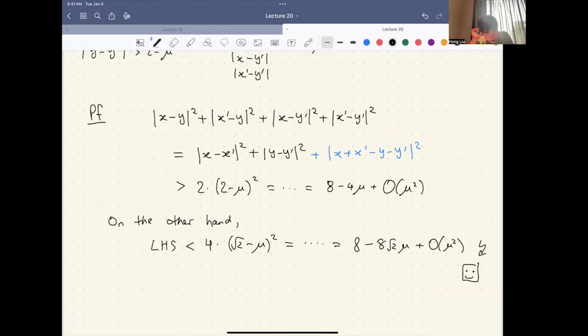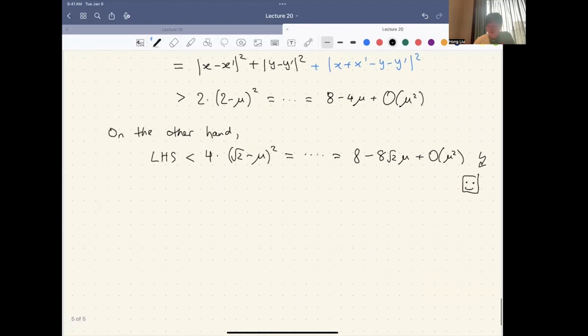Okay. Let me briefly mention the most general form of this so-called Ramsey-Turan problem. So, Ramsey-Turan density.